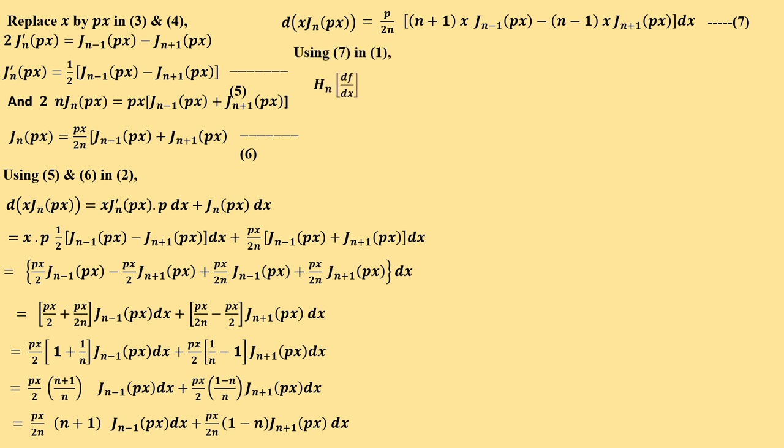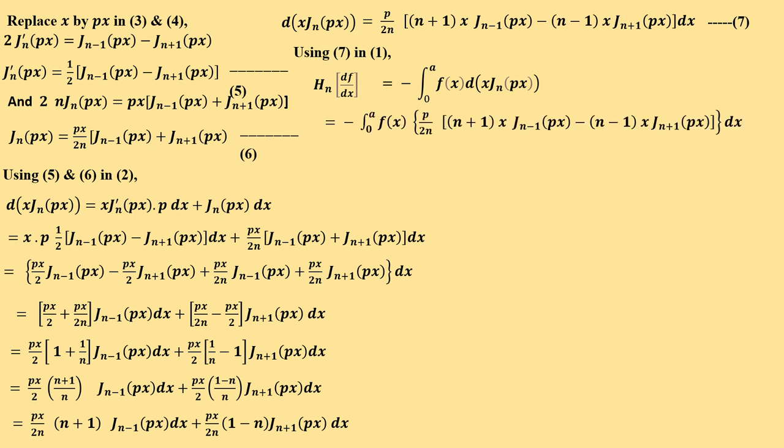Using 7 in 1, Hn of df by dx is equal to minus integral 0 to a f of x d of x Jn of px, which is equal to minus integral 0 to a f of x into p by 2n [(n plus 1) x Jn minus 1 of px minus (n minus 1) x into Jn plus 1 of px] dx.